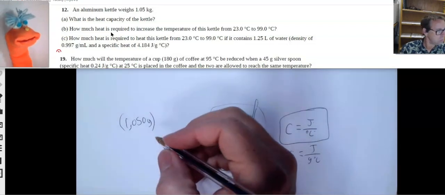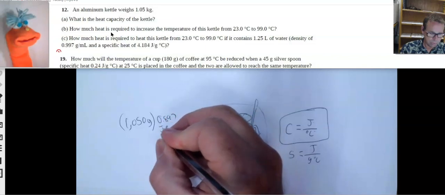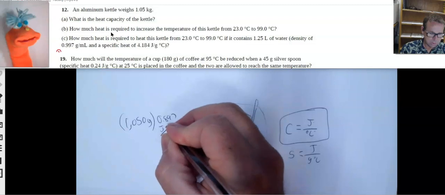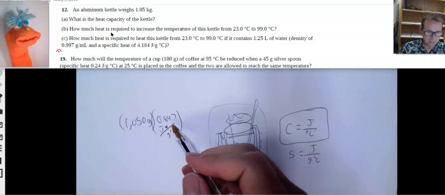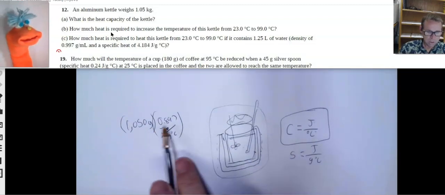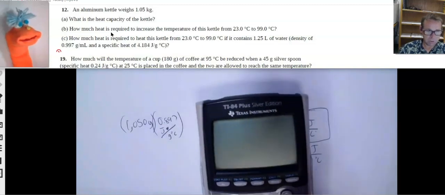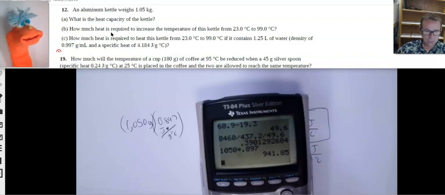So if we chose aluminum's specific heat, 0.897, that's joules for every gram degree Celsius, all right? Then its heat capacity, which we want to be in just joules per degree Celsius, is just going to be the product of those two numbers. All right, 1050 times 0.897. That's how much energy in joules it's going to take to raise the whole system 1 degree Celsius.